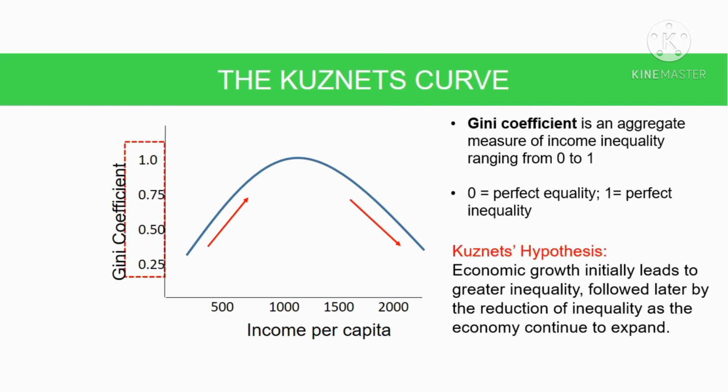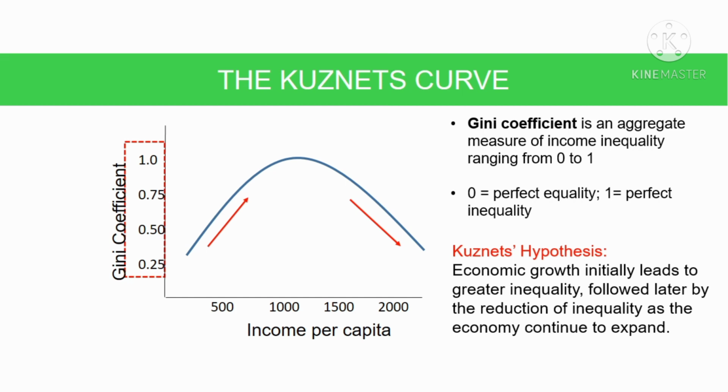Kuznets' hypothesis states that economic growth initially leads to greater inequality, followed later by the reduction of inequality as the economy continues to expand. The hypothesis describes the shape of the Kuznets curve.